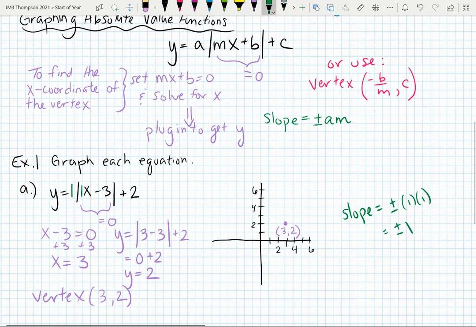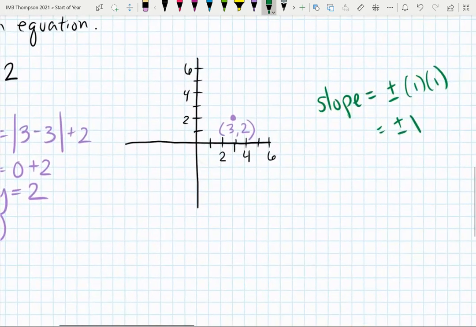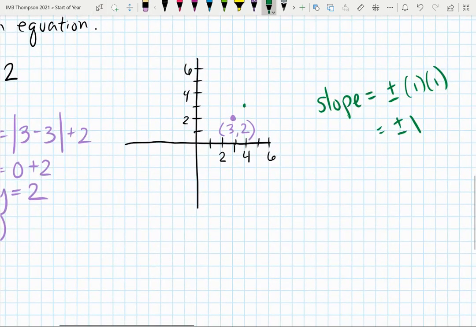Now, be aware, this is positive, so it's going to open up. So from here, I'm going to go up 1, over 1, up 1, over 1, up 1, over 1, and I get a graph like this.